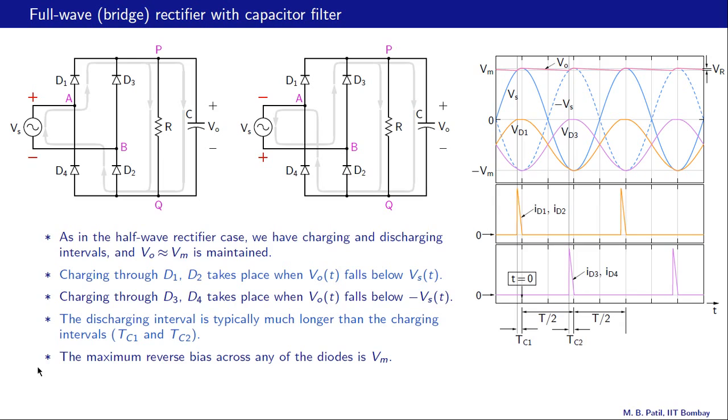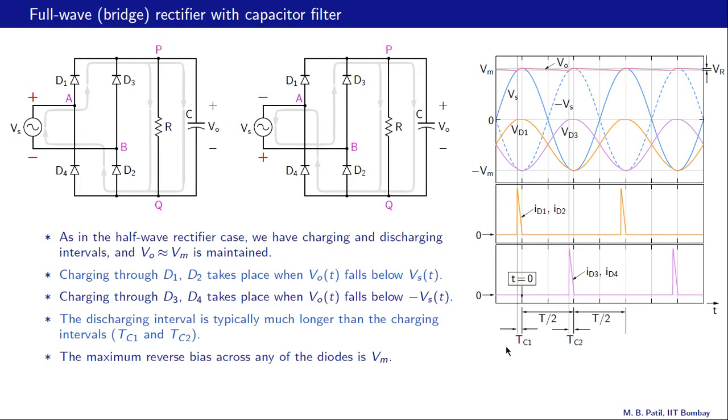So we observe that there are many similarities between the half wave rectifier and full wave rectifier with filter. The main difference is in the charging of the capacitor. In the half wave rectifier, there was only one charging interval. In the full wave rectifier, there are two charging intervals within one period.